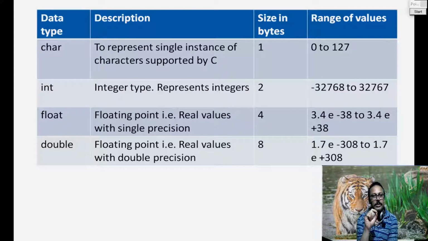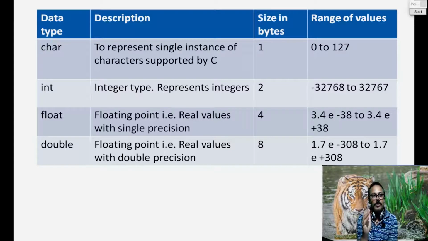Float is for single precision, double is for double precision. Unless you are working on numerical applications like weather forecasting, you need not bother too much about the difference between float and double.